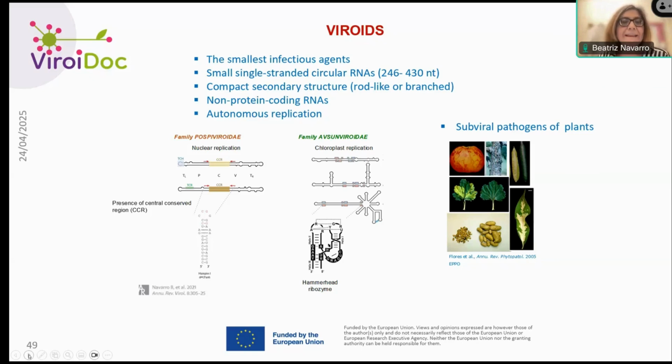They replicate and move autonomously in the host. They don't need a helper virus for replication or movement.